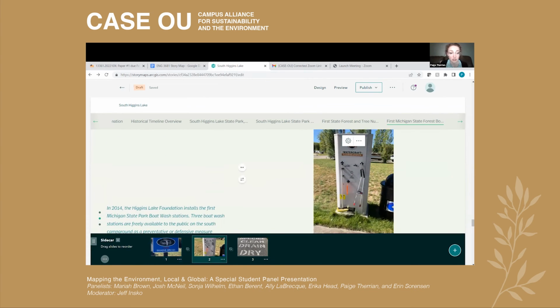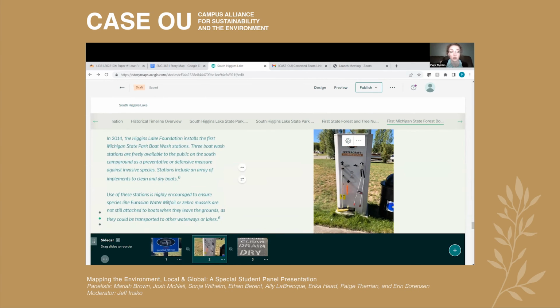So in 2014, the Higgins Lake Foundation installs the first Michigan State Park boat wash stations. So there are 3 boat wash stations freely available to the public on the South Campground as a preventative or defensive measure against invasive species.